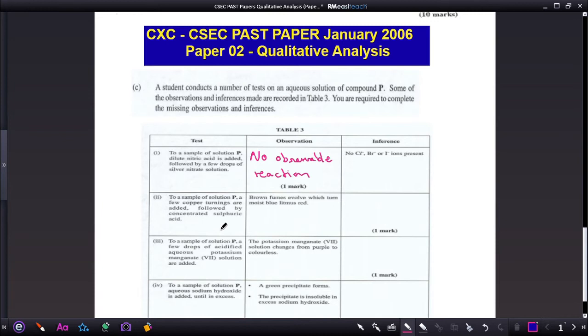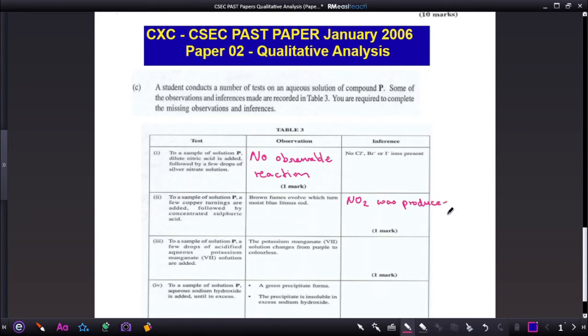Part 2. To a sample of solution P, a few copper turnings are added, followed by concentrated sulfuric acid. Brown fumes evolve which turn moist blue litmus paper red. In this case, we know that the brown fumes belong to the nitrogen dioxide that was produced.